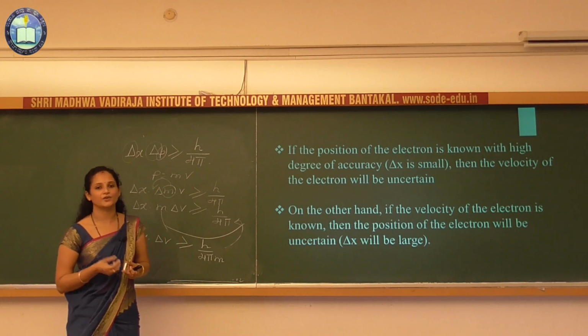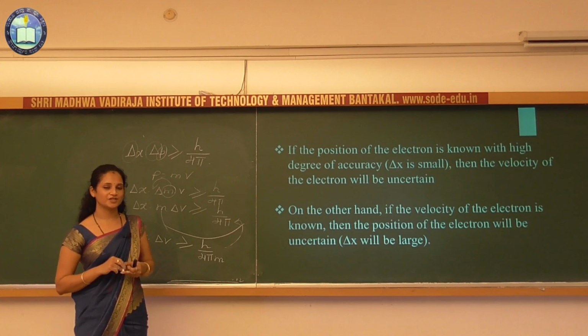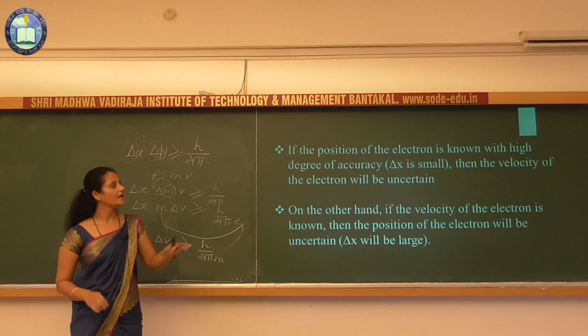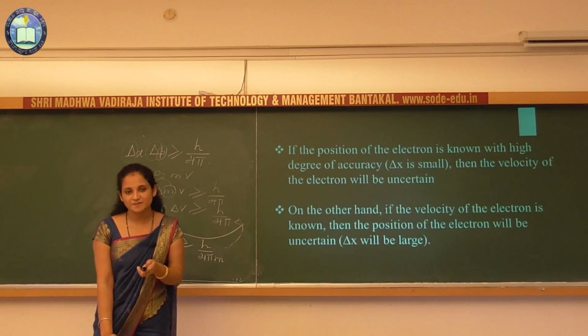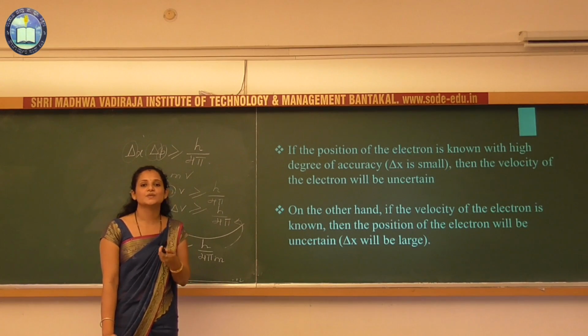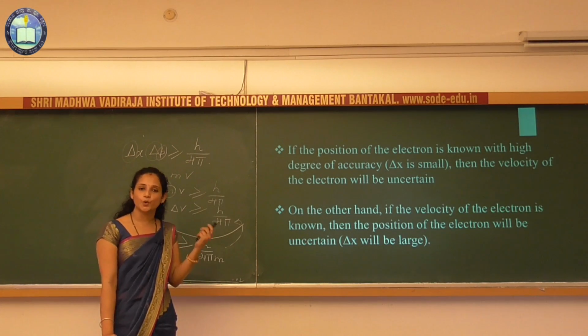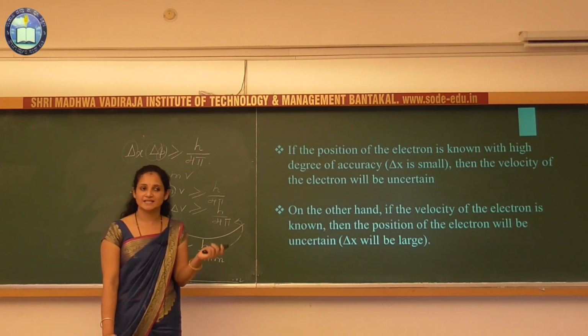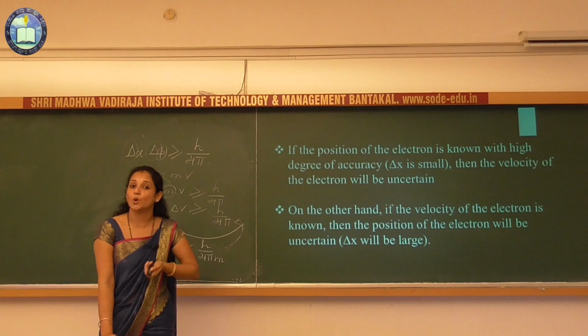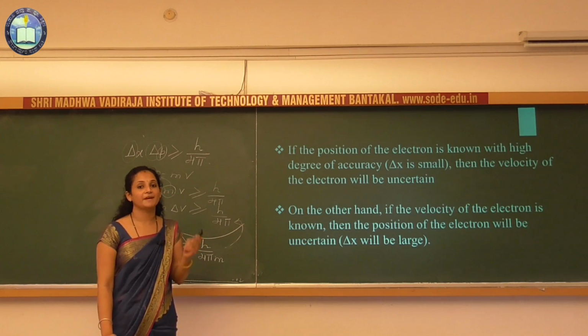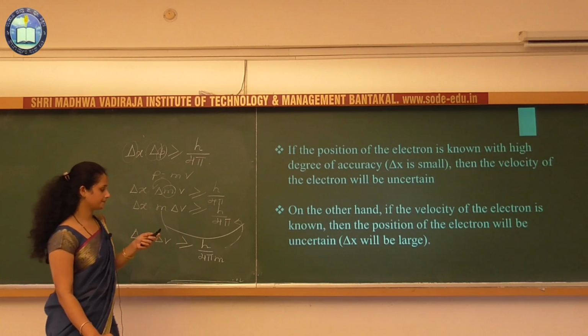Even Heisenberg's uncertainty principle has no significance on macroscopic objects. Both de Broglie as well as Heisenberg's uncertainty principle hold good only for microscopic objects.